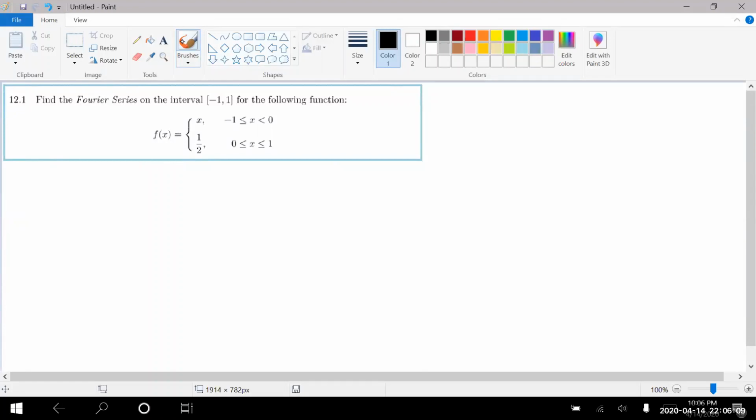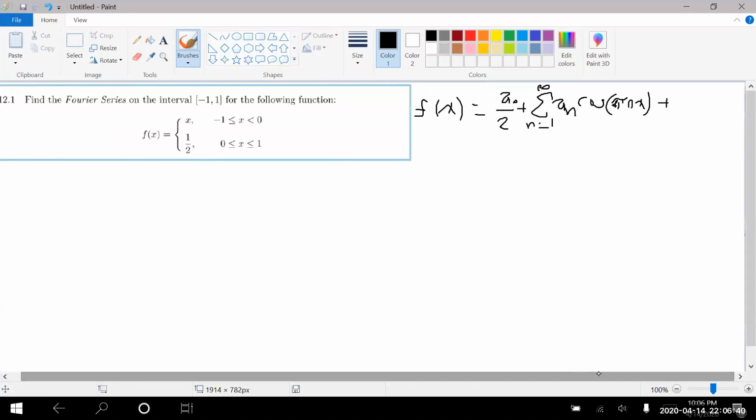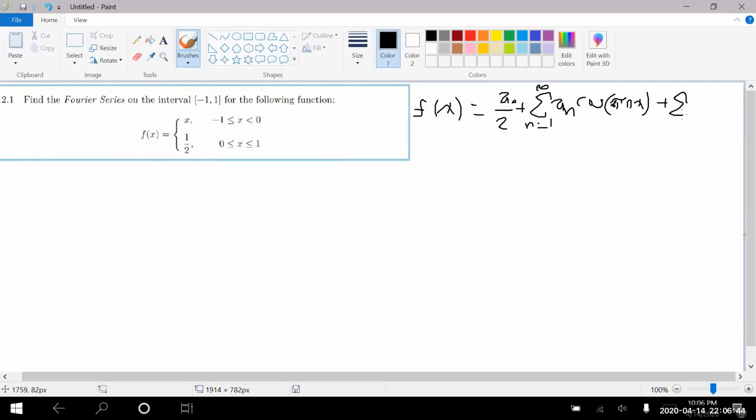So we're given the base format for a Fourier series. It's going to look like this: a naught over 2 plus the summation, n equals 1 to infinity, of a sub n cosine n pi x, plus the summation, n equals 1 to infinity, of sine n pi x.